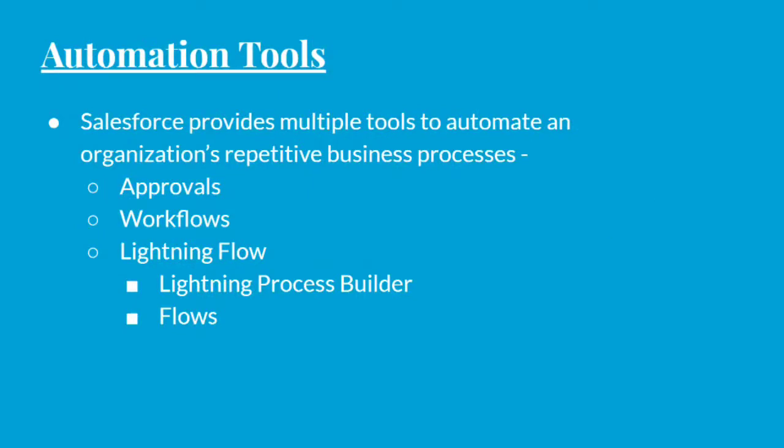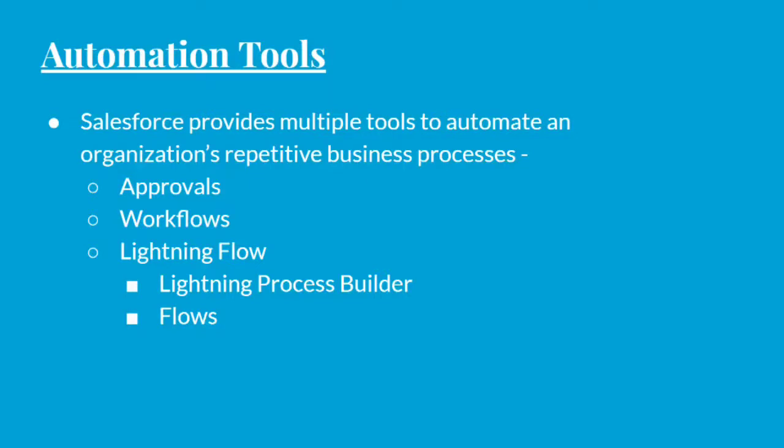Salesforce provides multiple tools to automate an organization's repetitive business processes. What are those tools? The first one is approvals, the second one is workflows, and the third one is lightning flow, under which you have two other processes called lightning process builder and the flows.